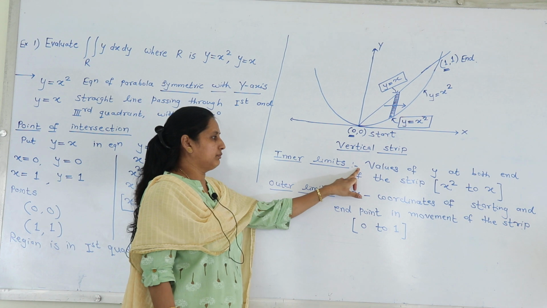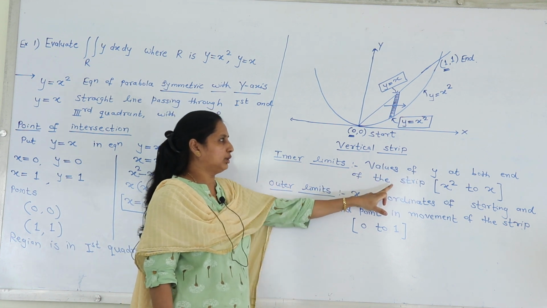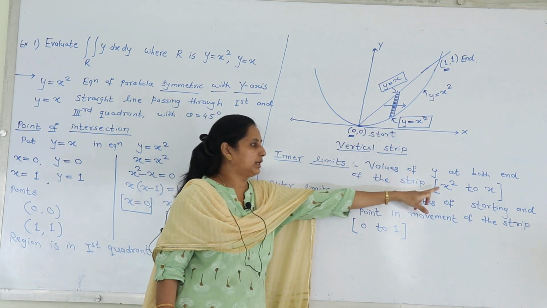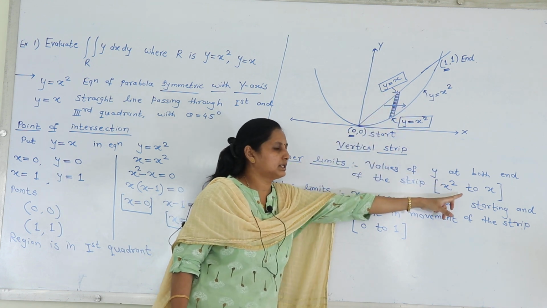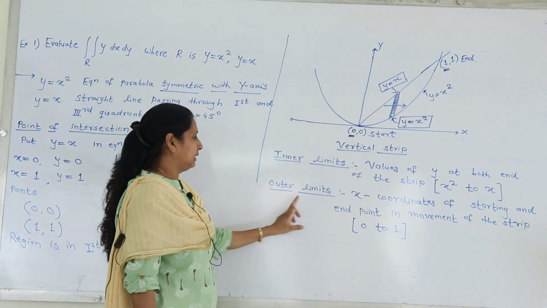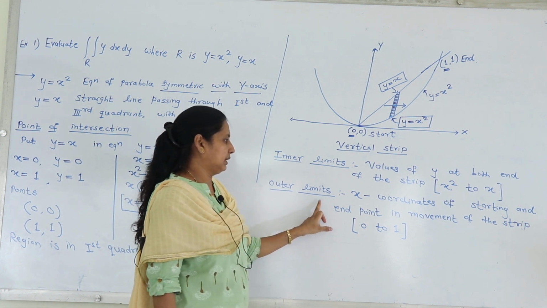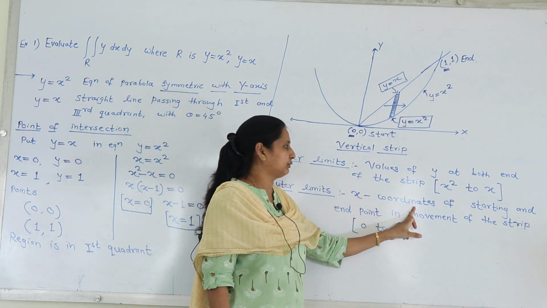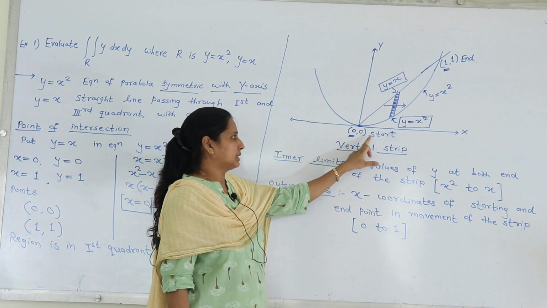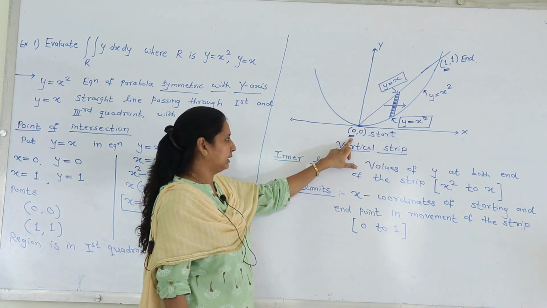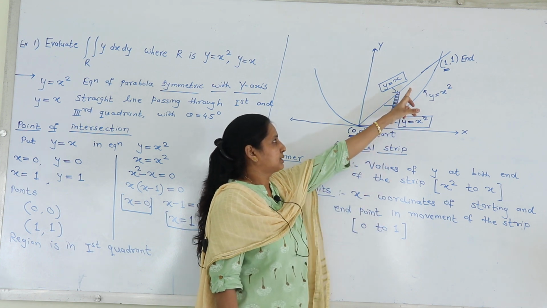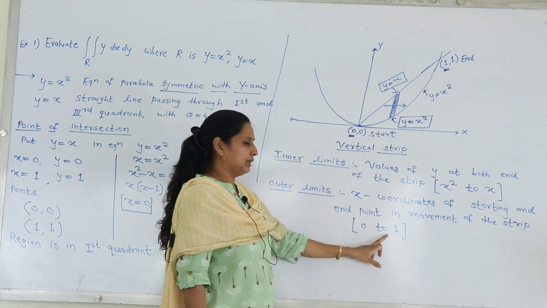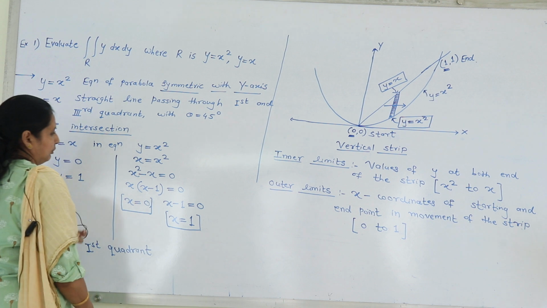Inner limits mean values of y at both ends of the strip. Y is equal to x square, the lower limit is x square. Y is equal to x, the upper limit is x. Outer limits are always constant. The starting point is 0, 0, so the x coordinate is 0, and the end point x coordinate is 1. Therefore the outer limits are from 0 to 1.